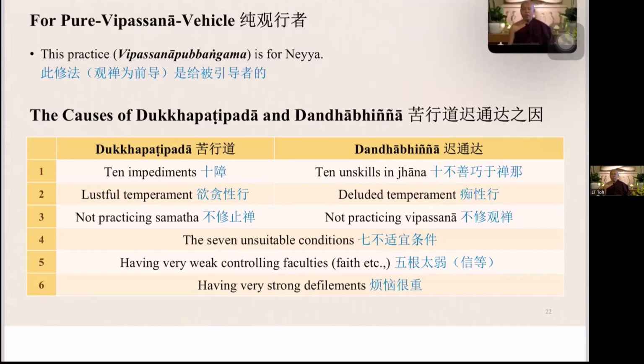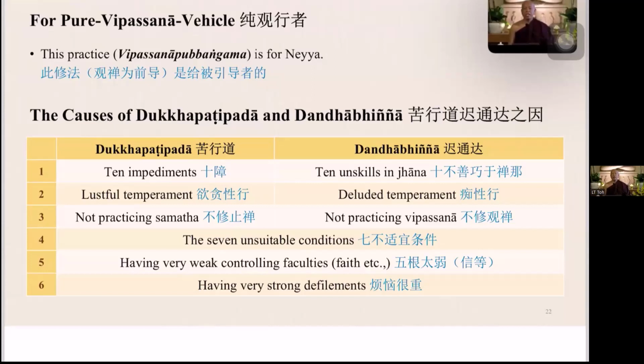That's called defilements. If we have very strong defilements, we cannot achieve. Not only that, we can also lose our achievement. So these six are the reasons for dukkha patipada. Why do we encounter difficulty? Because of these six causes.